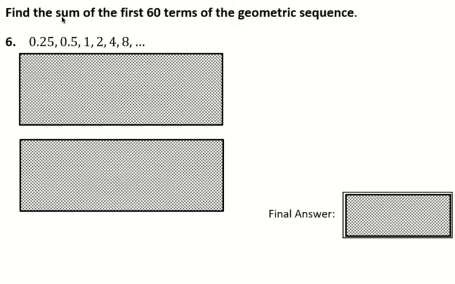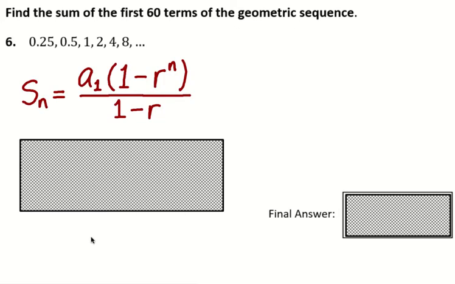Number 6, find the sum of the first 60 terms of the geometric sequence. So it's this formula, which you'll have, again, you'll have a formula sheet like I've told you in class, in case you missed a whole bunch of classes. So there's the formula to use. Obviously, sum formula, geometric, but bam.